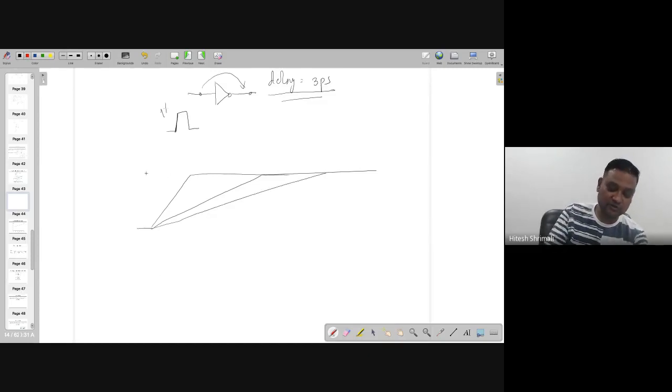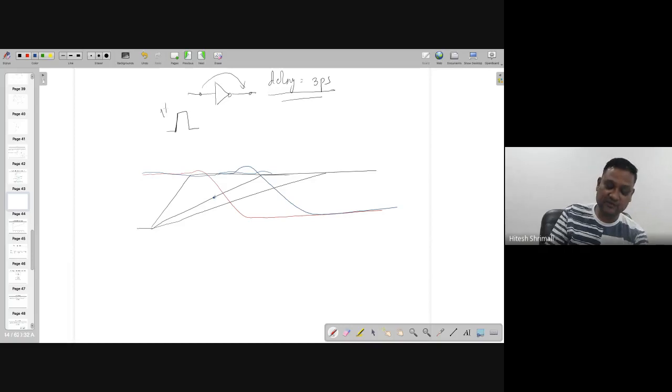The output in this case might be like this, but in the other case you can see that much before the second slope reaches 1, this has started discharging.